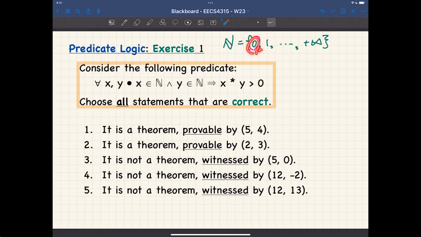Natural number includes 0, of course. You can collaborate in this context. You have to be very careful about the choice because the wording is really important.